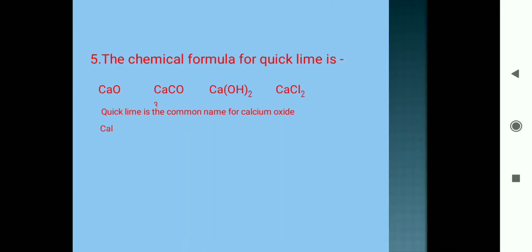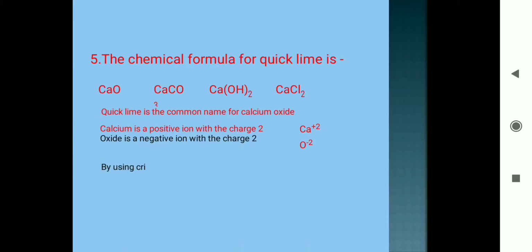So when we write the calcium oxide formula, calcium is a positive ion with the charge +2. Then oxide is a negative ion with a charge -2. So whenever charges are similar, children, we are cancelling those charges. No need to exchange them. By cancelling that, we are writing here CaO.